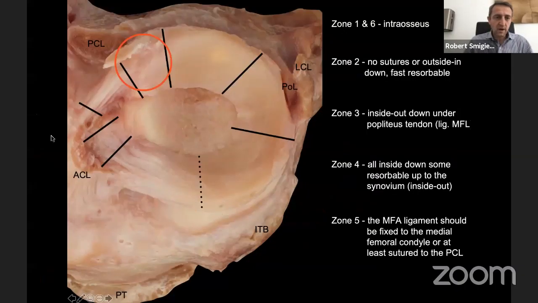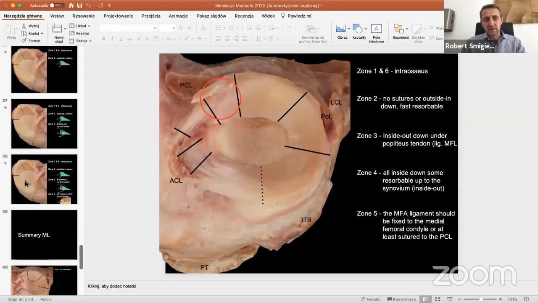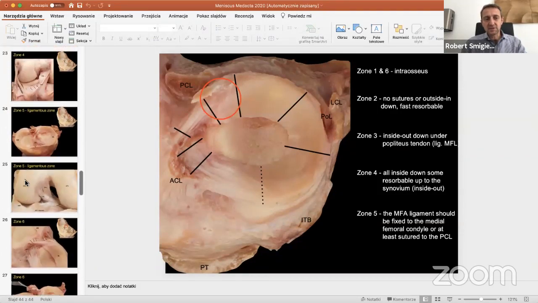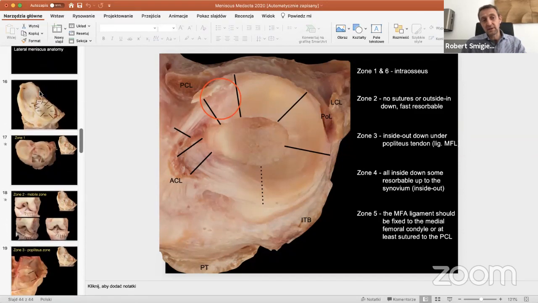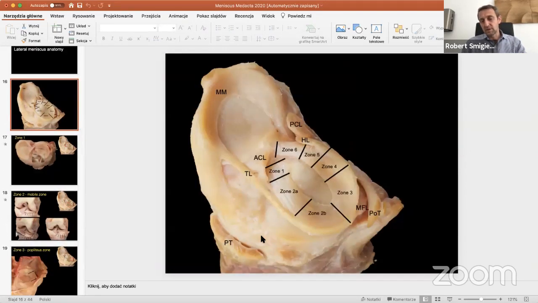You mean zone 1 is here? Yeah, this is the intermeniscal ligament. It's in more than 80% of my patients. If I cannot find the intermeniscal ligament, it's probably because I just damaged it, not because it doesn't exist.